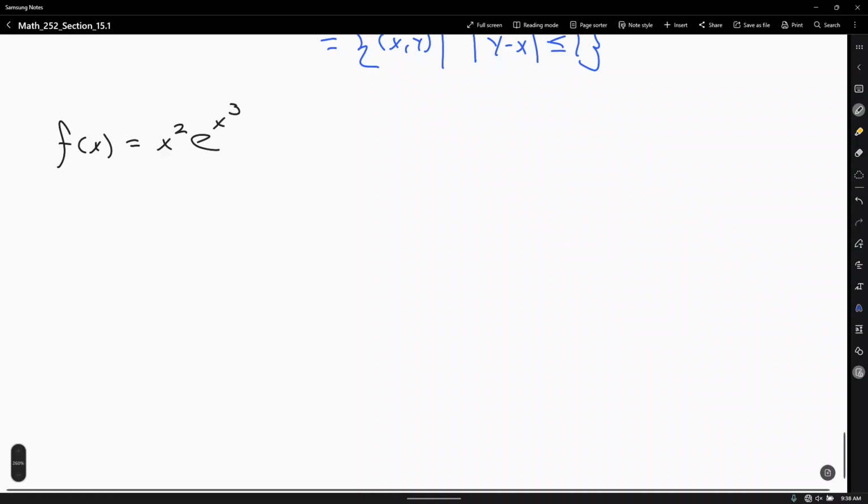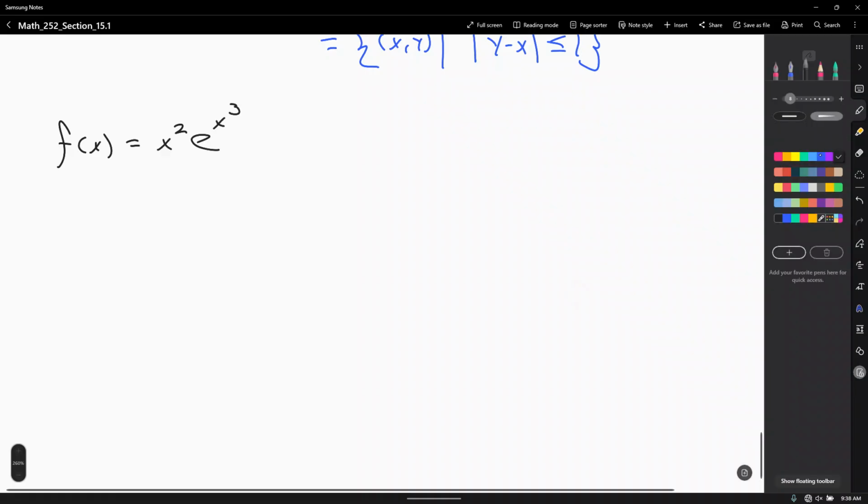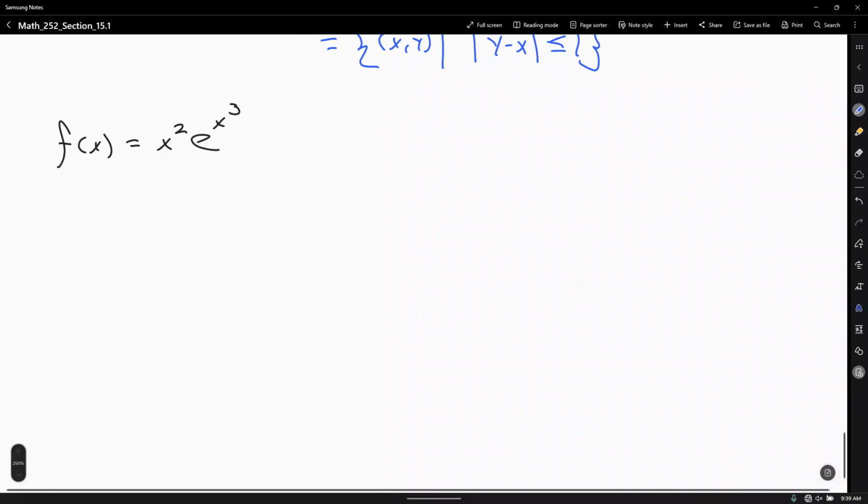a substitution. Hopefully you got to see this way. First of all, identify the elementary function. In this case, the elementary function is the exponential function. However, this is not just e to the x. It's a composite function, for which I'd rather call this x squared e to the u, where u equals x cubed. Then the power series for e to the u is sigma n equals 0 to infinity of u to the n over n factorial.